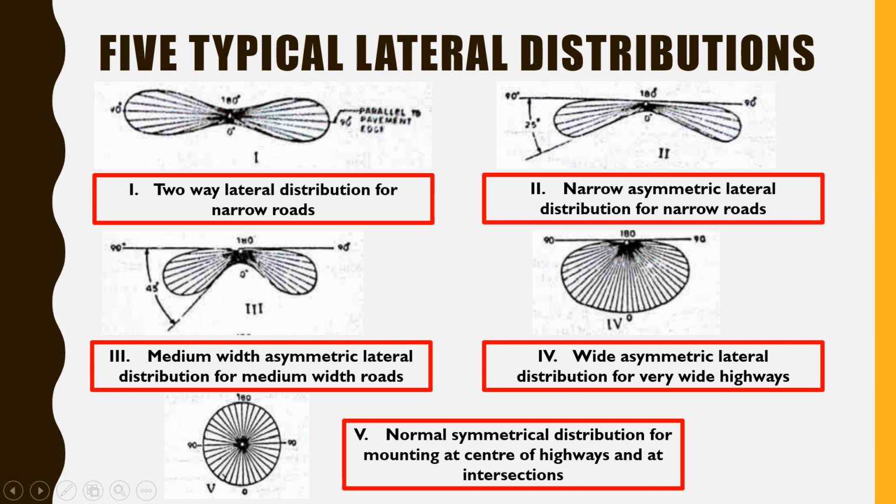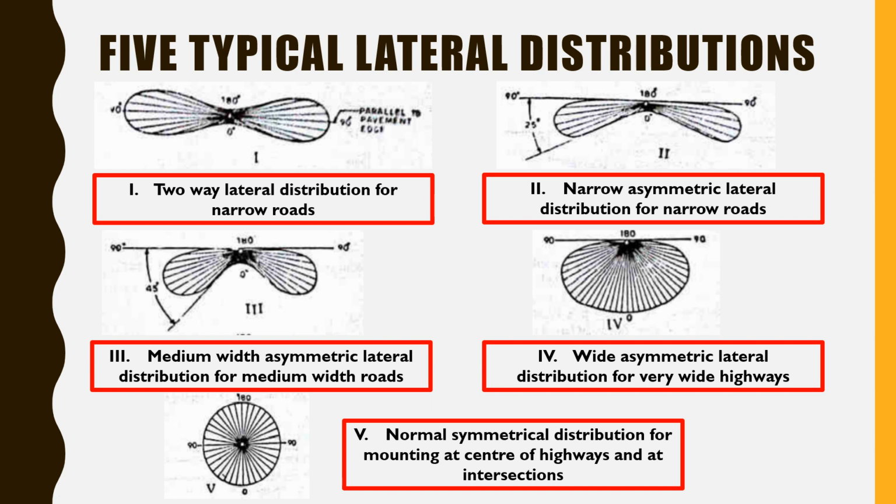So this is wide asymmetric lateral distribution for very wide highways. And last but not the least, type 5, in the form of a circle, uniformly distributed from 0 to 180 degree. This is called normal symmetrical distribution for mounting at the center of highways and at intersections. So at intersections we can go for type 5 lateral distribution of light.